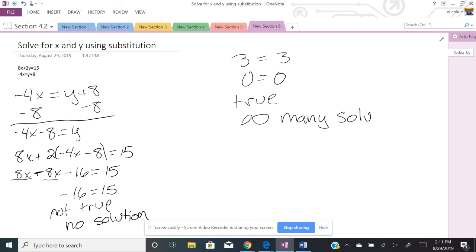So if you get either one of these options, it can happen that there is no solution, or there are infinitely many solutions. Like with graphing, infinitely many is the line on top of the line, and no solution is where they're parallel lines. So see if you can make those connections. Don't panic if something like this happens and you can't solve for x or y. It means there are infinitely many solutions or there is no solution.